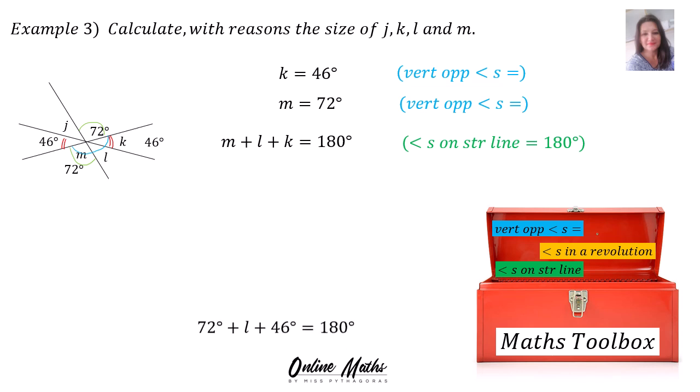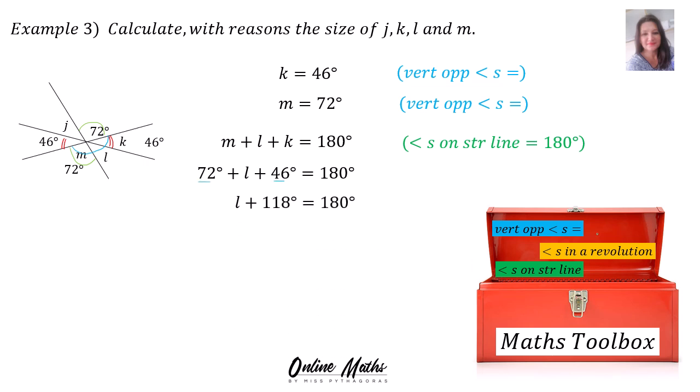Then we know M is 72 degrees plus L, that's what we're looking for, and then K is 46 degrees equals 180. Then 72 plus 46 is 118, and then to solve L, we end with 180 minus 118, and then L is 62 degrees, and then you write it on your sketch.